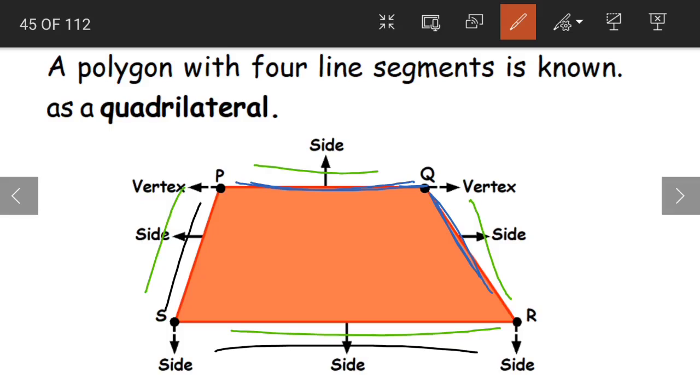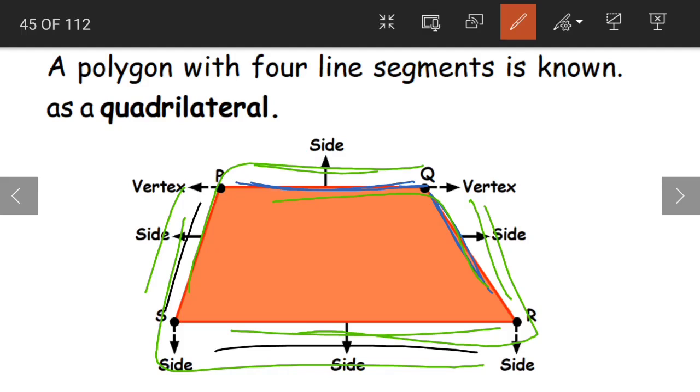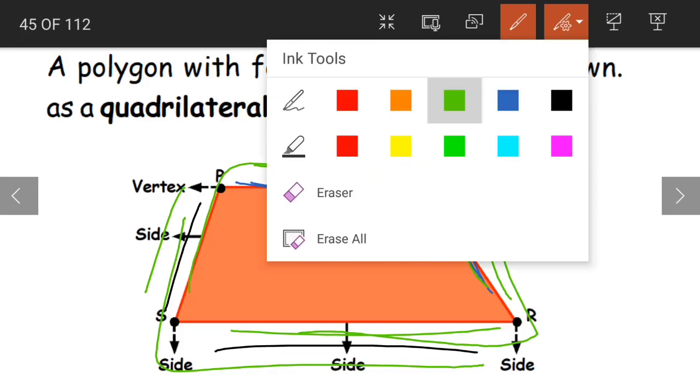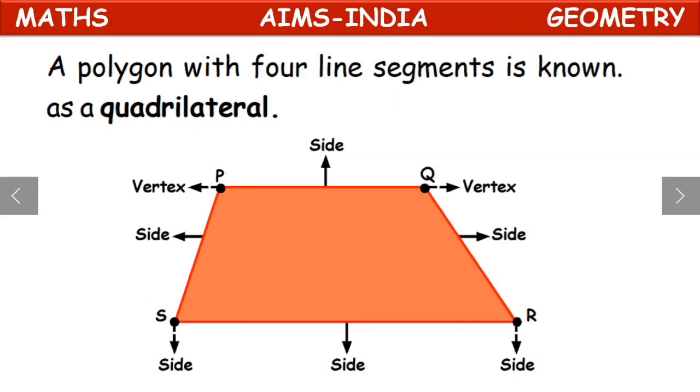Isn't this, children? What are these? These are the examples of the pairs of adjacent sides. What are the pairs of adjacent sides here? PQ and QR, then QR and RS, RS and SP, and then SP and PQ. So these are our pairs of adjacent sides from our given quadrilateral PQRS.